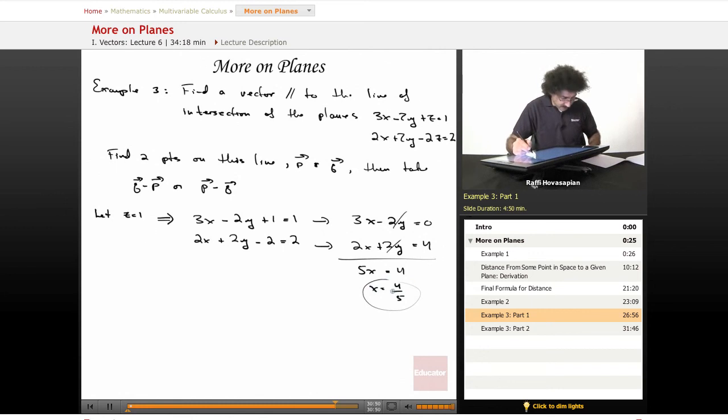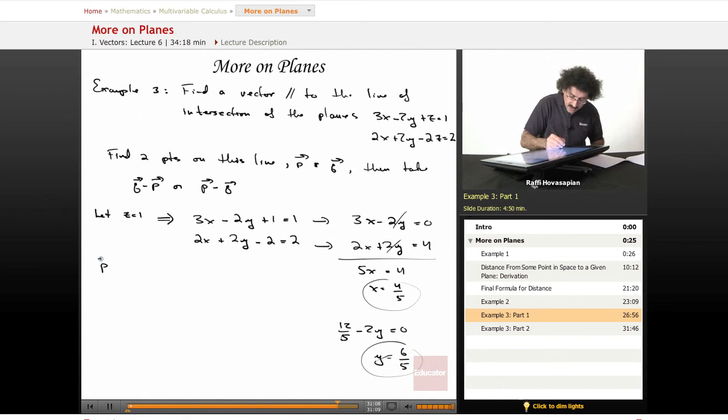Now when I put 4/5 back into this one, I get 3 times 4/5, which is 12/5, minus 2y equals 0, so y equals 6/5. So my first point P is 4/5, 6/5, and 1.